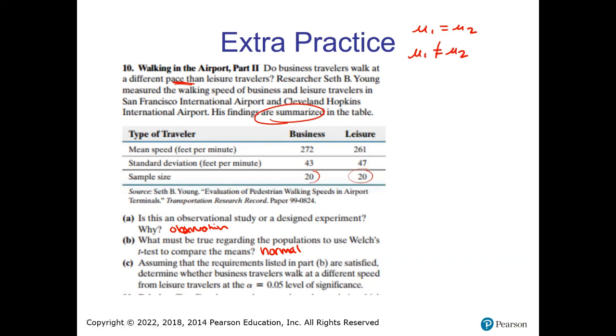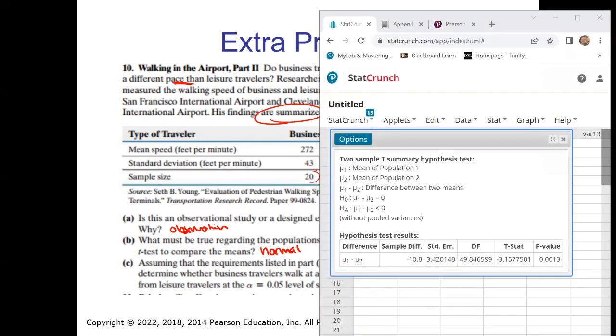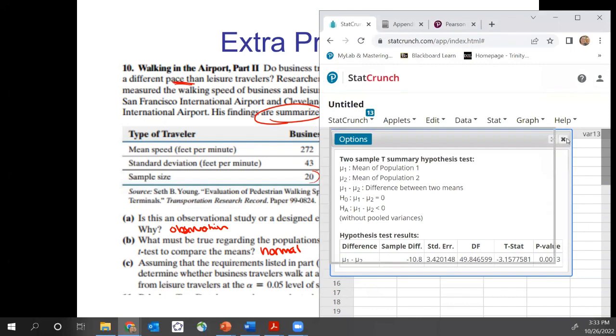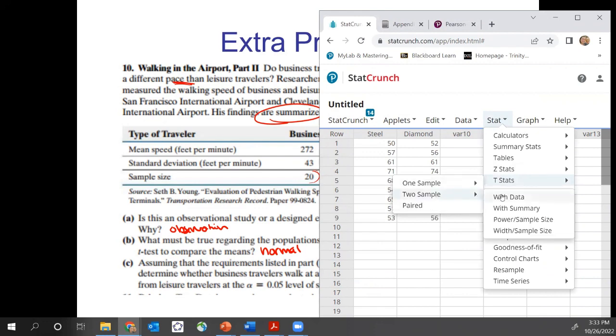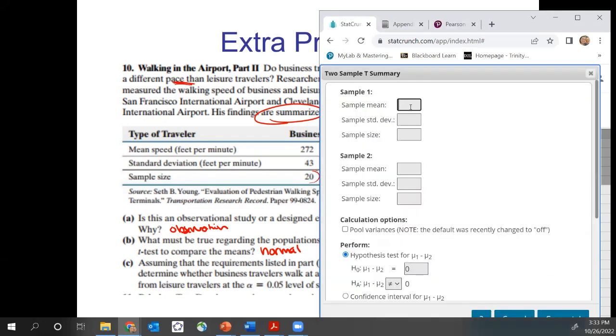So I'm going to go back and open up my StatCrunch. I like the summary ones because it's a lot less typing. So T Stats, Two Sample, With Summary. 272, 43, and 20.